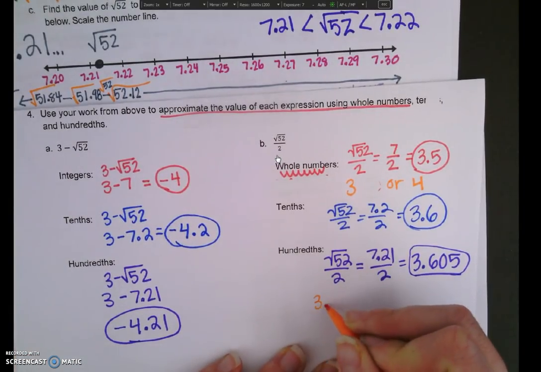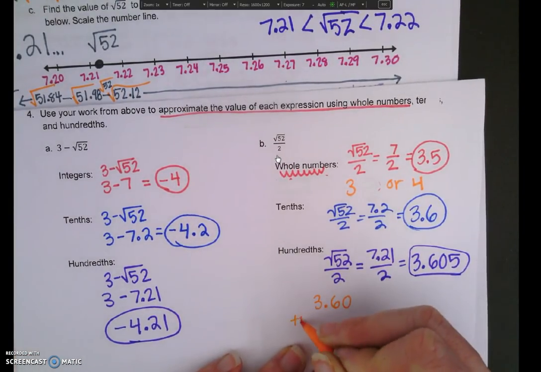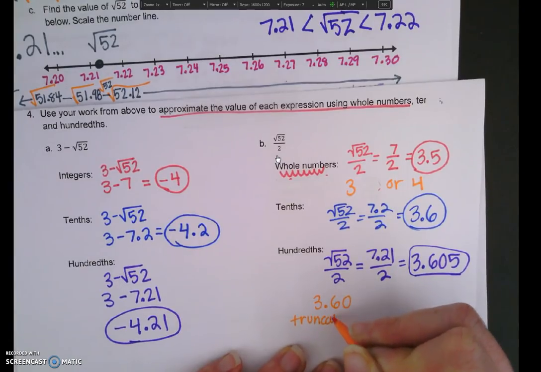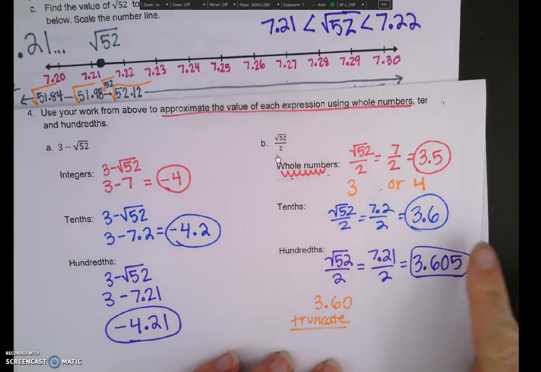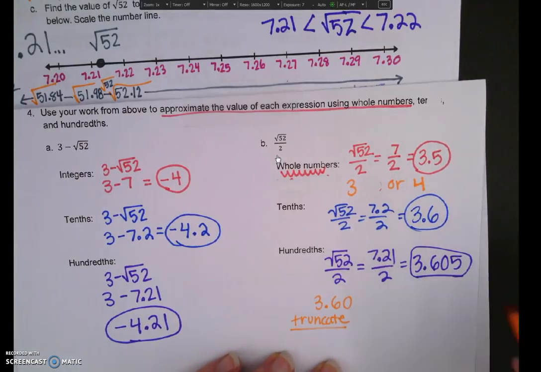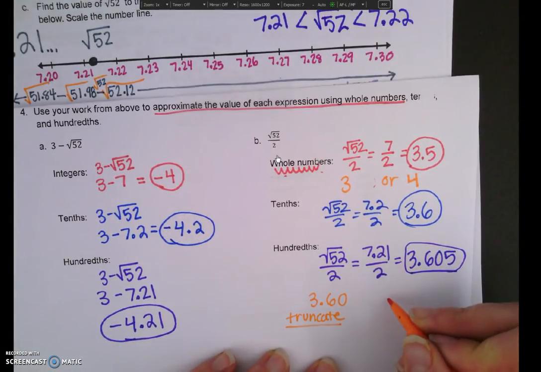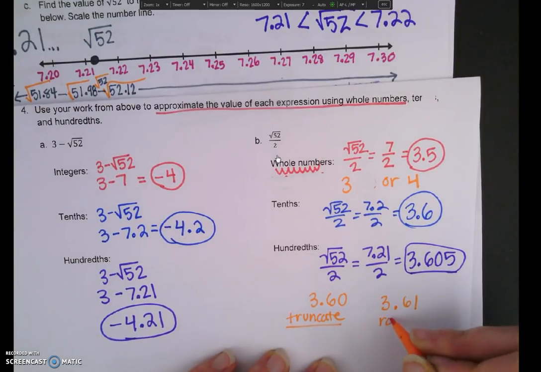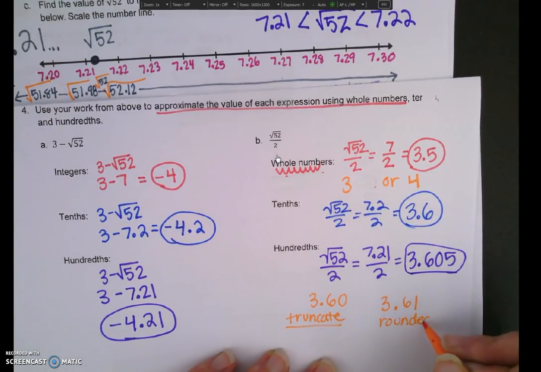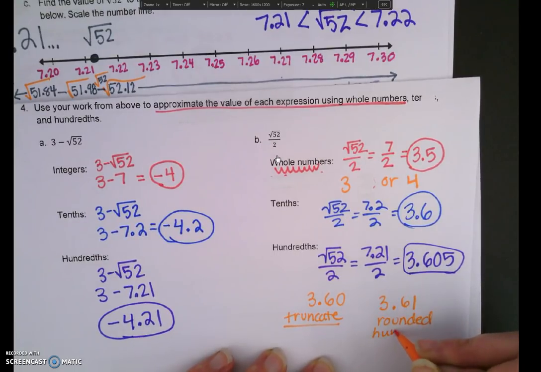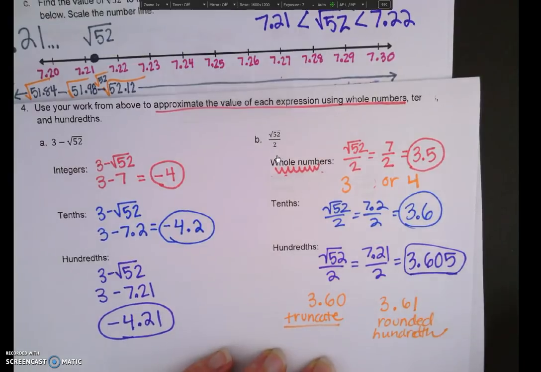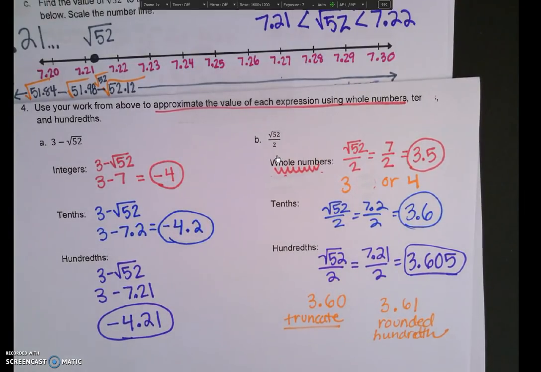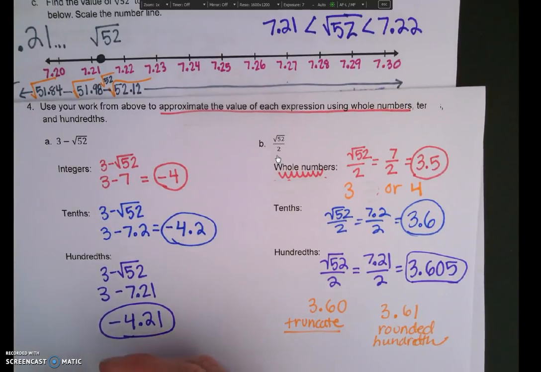If you told me that this was 3.60 because you truncated, truncate rounding means you're just chopping off the rest of the number. Or if you use decimal rounding, if you said this was 3.61, because that's what it is rounded to the nearest hundredth, that's completely fine as well. Thank you, and let's continue.